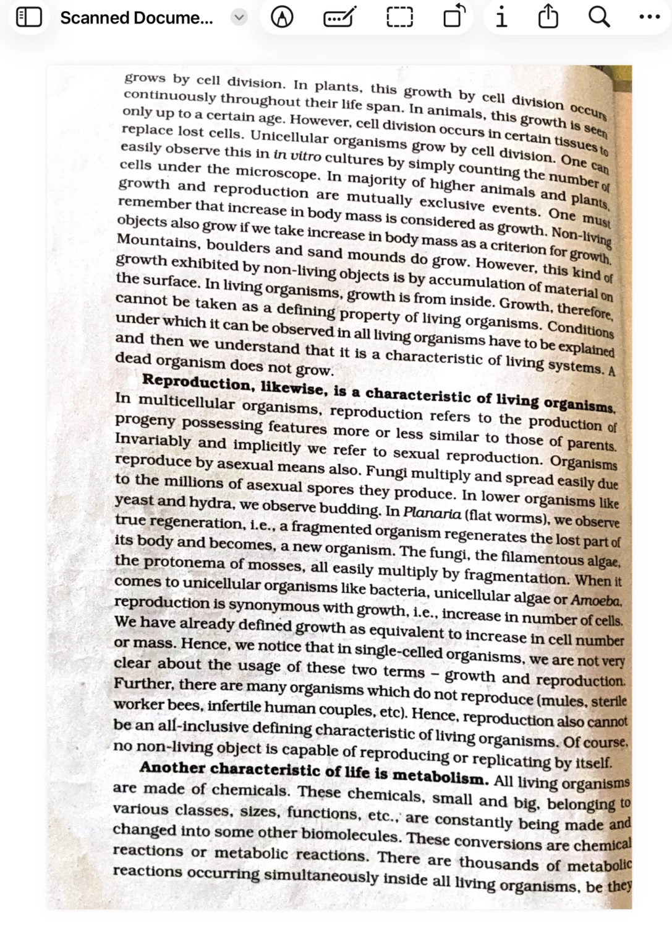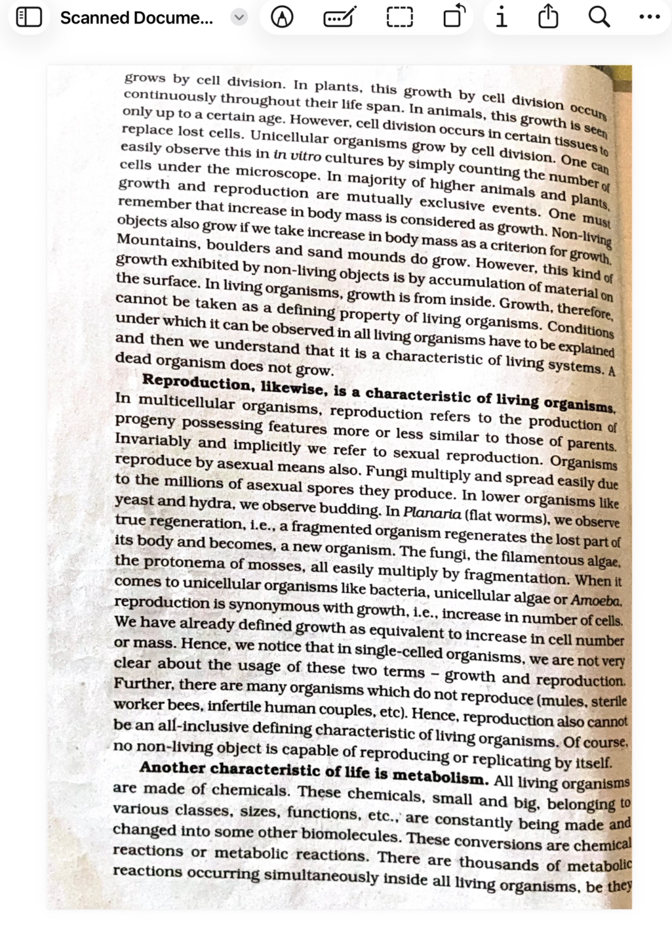In multicellular organisms, reproduction refers to the production of progeny possessing features more or less similar to those of the parents. So it is nothing but producing the progeny, or the younger ones, possessing features more or less similar to those of the parents.